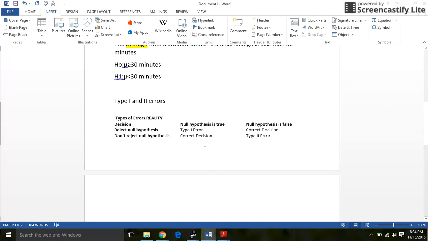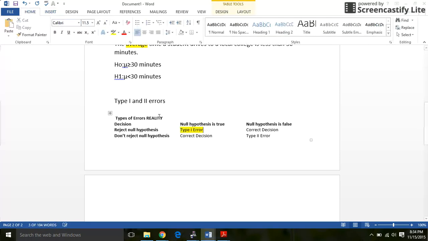All right, so what it is when you're looking at this for the type of errors, if you've rejected your null, but your null is really true, that's a type 1 error, and that's all you have to look for, okay? And the same thing is when you didn't reject the null and the null is false, that's a type 2 error.